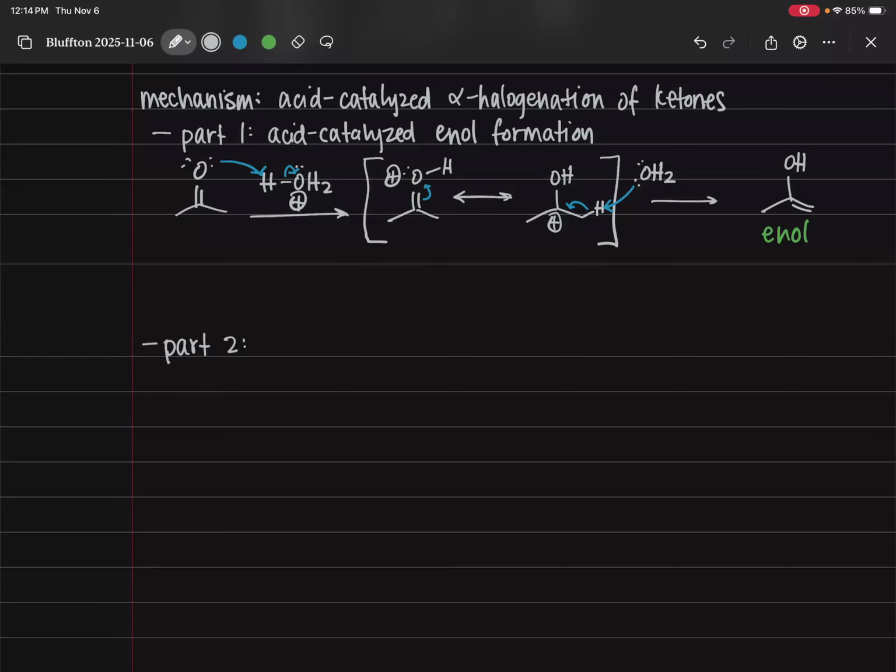Part 2 is the actual halogenation. So we get to start from the enol. And our halogen source is just Br2, bromine.